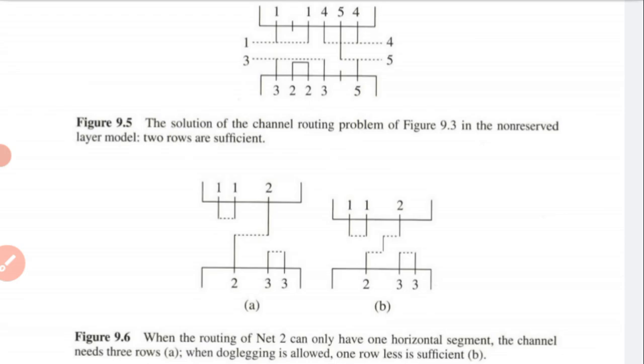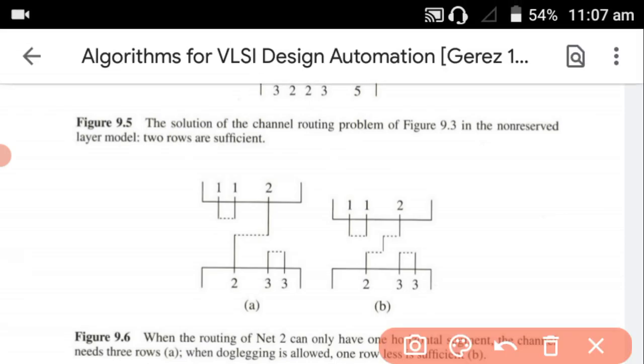In figure 9.6, when the routing of net 2 can have only one horizontal segment, the channel needs 3 rows. Here we are going to discuss dog legs.